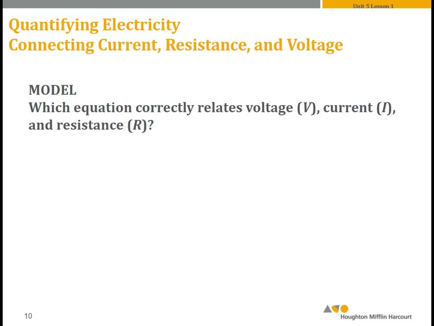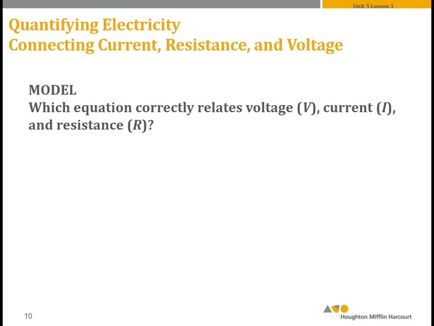It's partly the material, so copper has lower resistance than nichrome, but it also has to do with the thickness of a wire, or the length of the wire. And so that's why you see wires of different thicknesses used in different places. And shorter wires tend to have less resistance than longer wires.